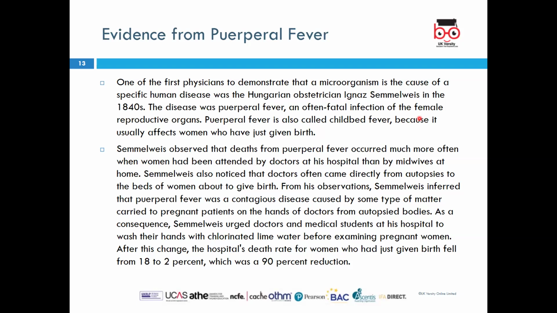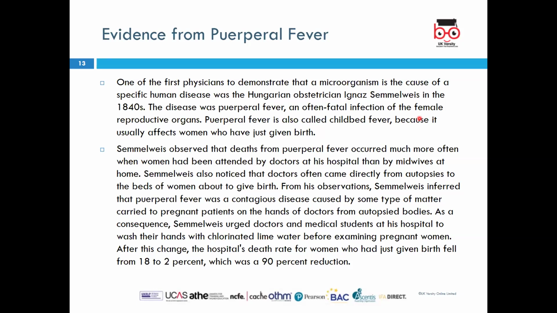He also noticed that doctors often came directly from autopsies to the beds of women about to give birth. There were no cesarean sections at that time, but mostly normal deliveries.